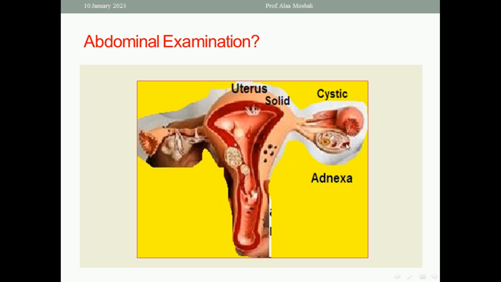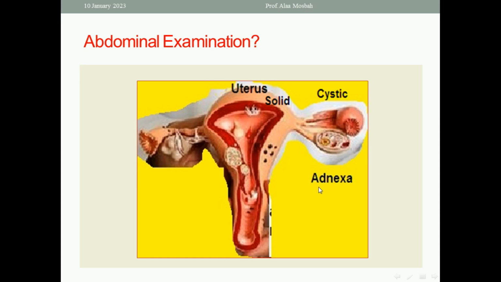However, a solid mass can be detected in the ovary, but cystic lesion is more common. Hydrosalpinx and pyosalpinx are cystic lesions, and so on. So solid or hard mass is more with uterine mass, cystic is more with ovarian mass. However, there is an exception, of course.